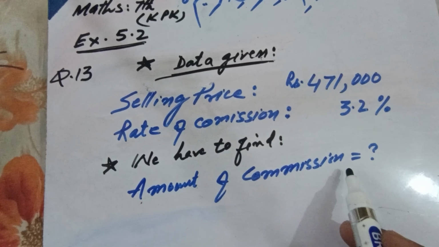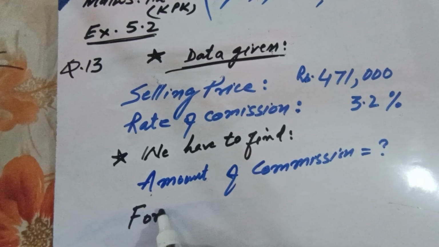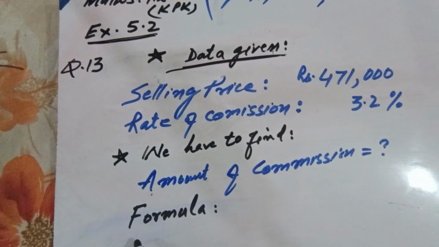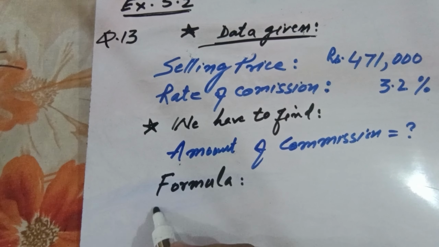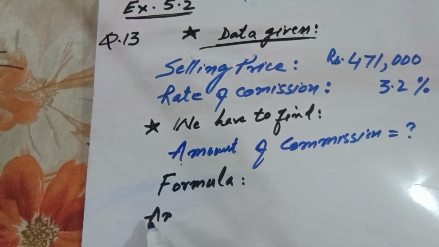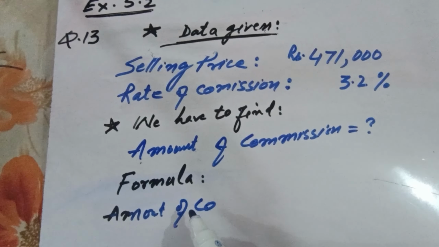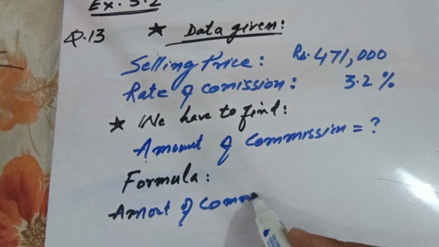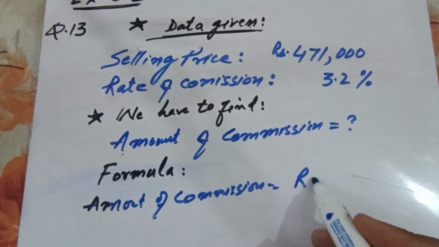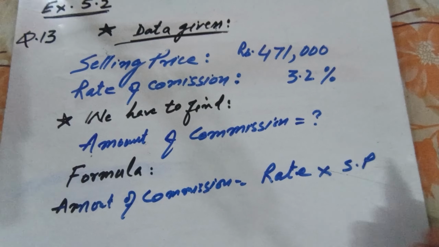To find the amount of commission, we will move towards the formula. What is the formula? The formula for the amount of commission is rate multiplied by S.P., or selling price or amount.